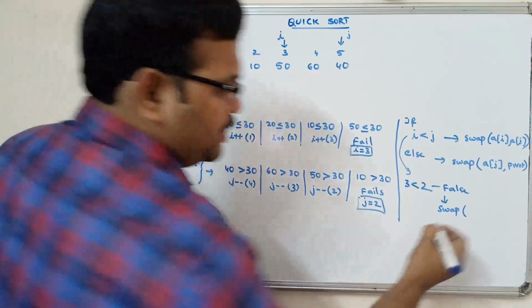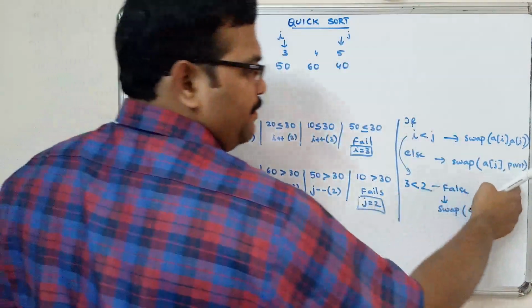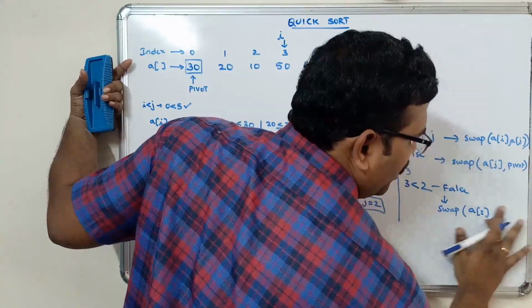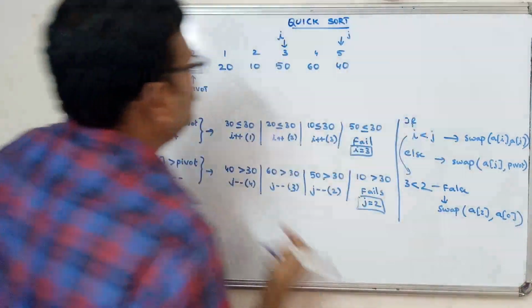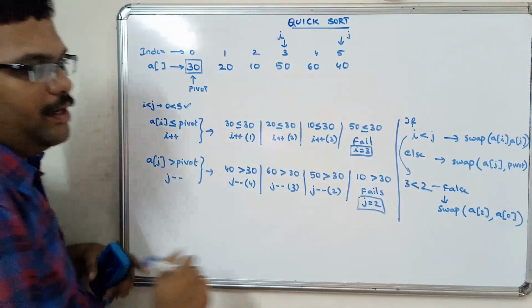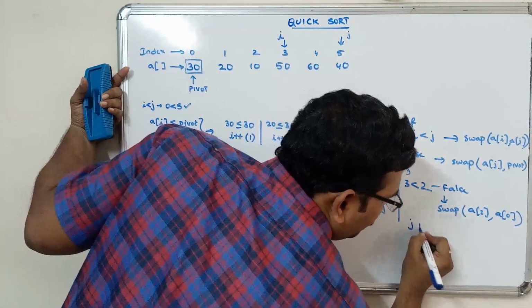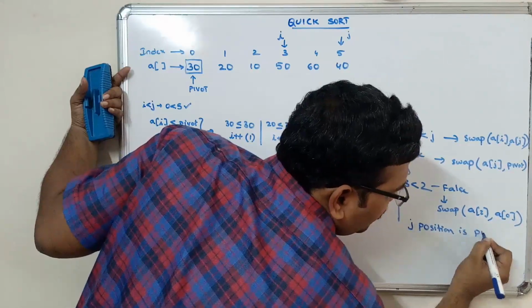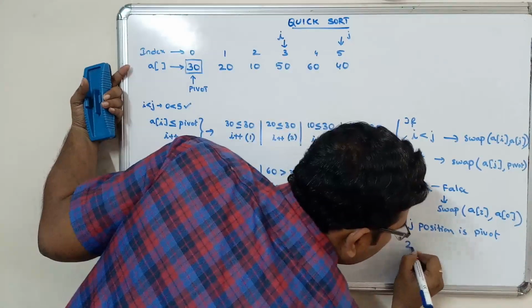So we have to swap a of j. j is 2, so a of 2 comma pivot. What's the pivot? 30, or a of low, a of 0, because here the pivot is a of 0, right? So swapping j position with pivot. What is the j position? 2.